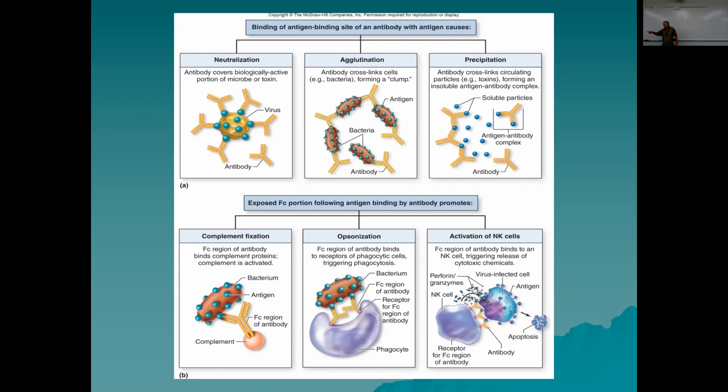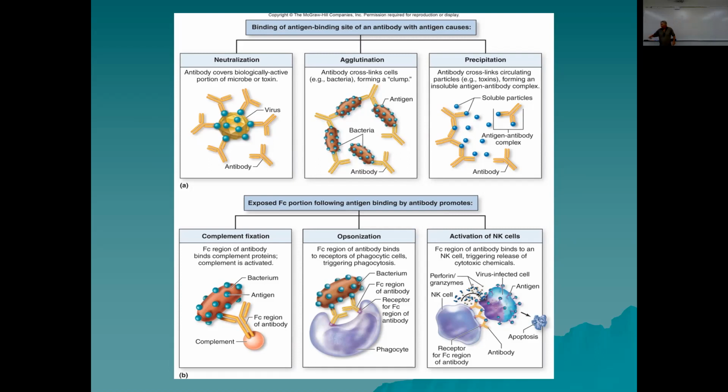The variable part of the antibody attaches to the antigen in the foreign cell. The constant region of the antibody actually binds to a white blood cell. And this binds to complement. And this finds its way, I think, to spleen and liver and those places to be destroyed.